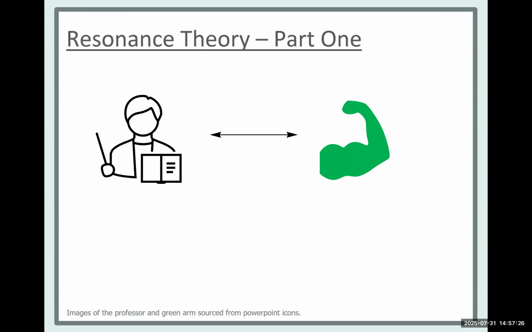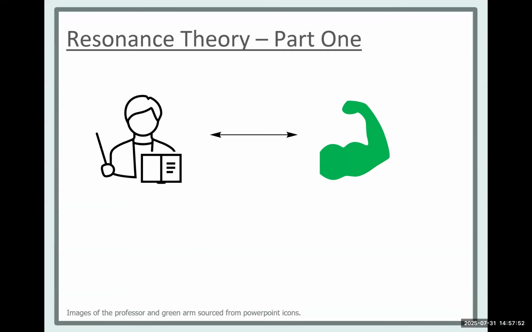So my favorite example of resonance theory, because of copyright concerns I can't draw a picture of this for you, so you'll have to use your imagination and think of the Hulk. At the beginning of the Hulk movies, there is a professor, Bruce Banner, who is a man.